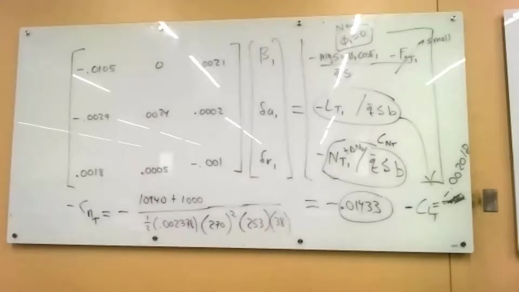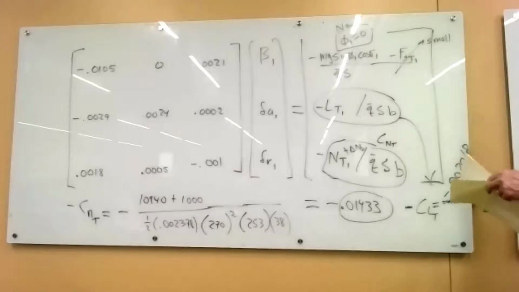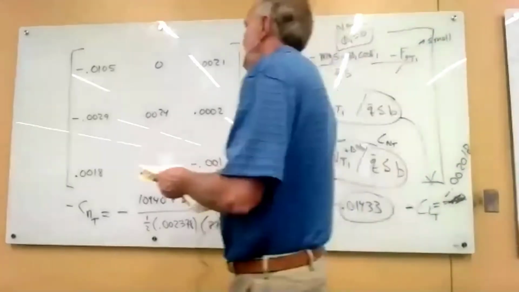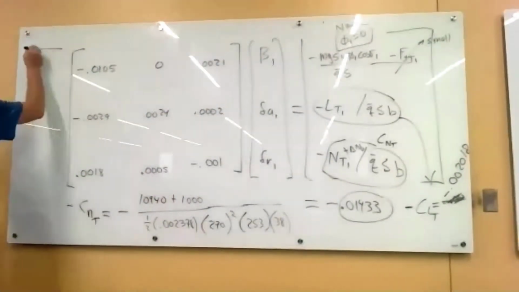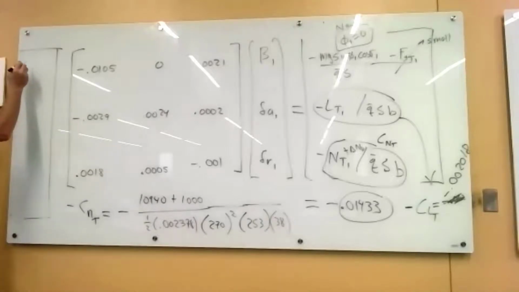So we've got numbers. If we plug into MATLAB and solve this 3x3 problem, again, we're at 0 bank angle. The solutions that we get are, I'll write it over here.